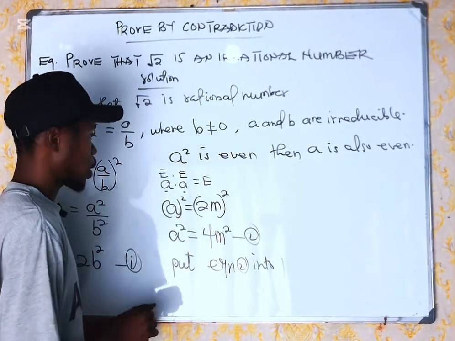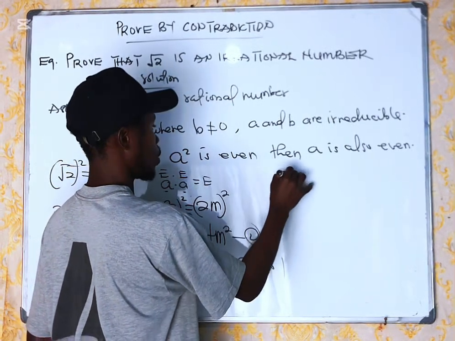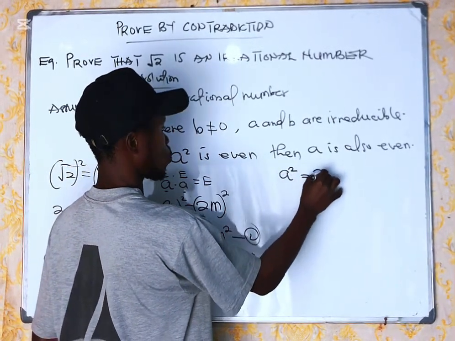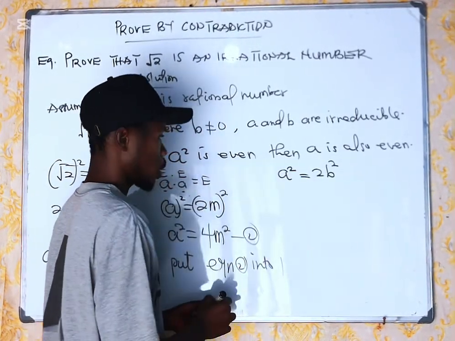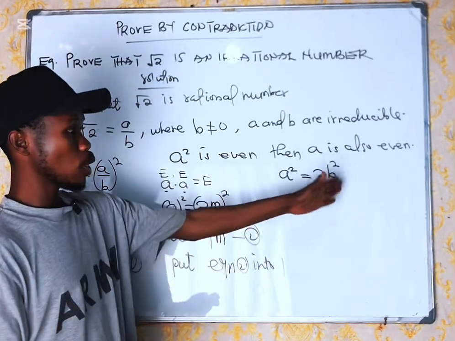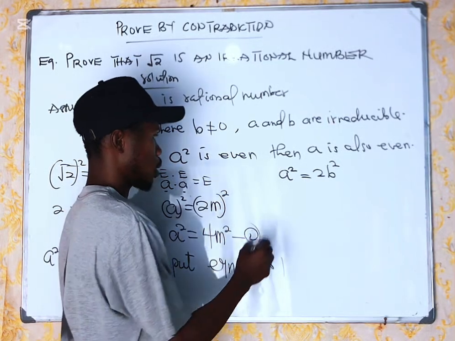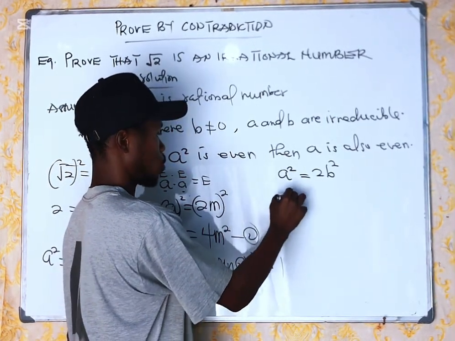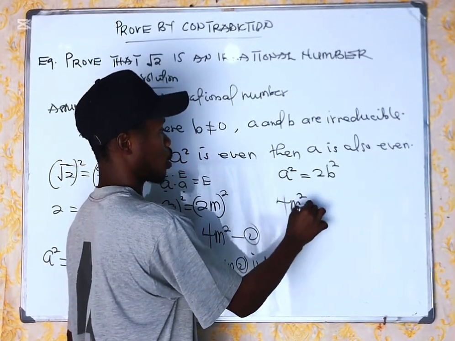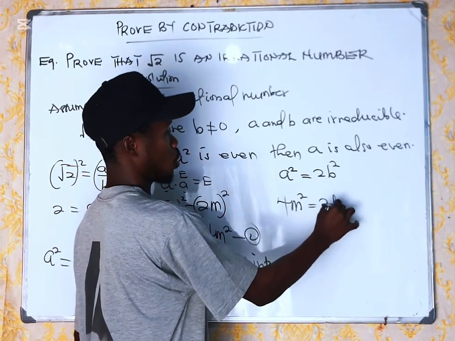This is equation 1: a squared equals 2b squared. The idea is that I have to also get b squared equals 2 times a certain integer. So if that is the case, a squared is 4m squared equals 2b squared.